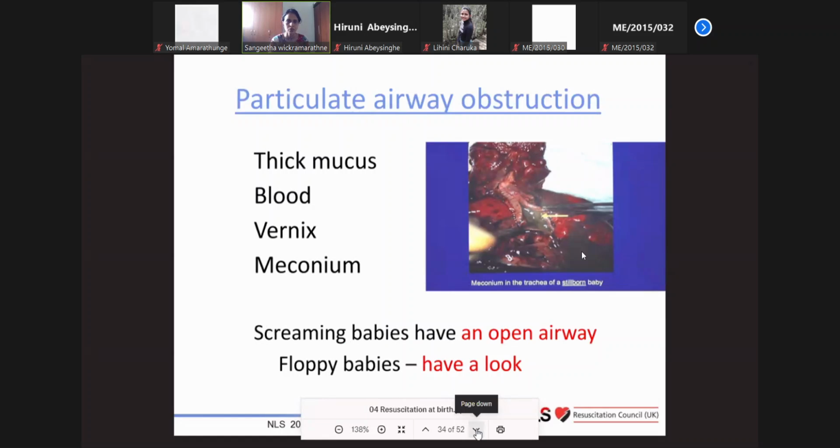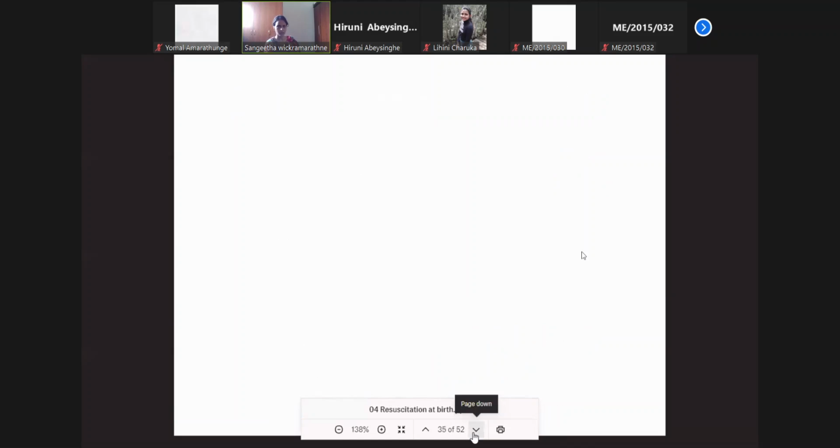Particulate airway obstruction is very rare. It can happen with thick meconium aspiration, blood, vernix or meconium, but it is rare. Most of the time it's the tongue obstructing the airway. Screaming babies will have an open airway. With floppy babies, you might have to have a look after failing inflation rates.